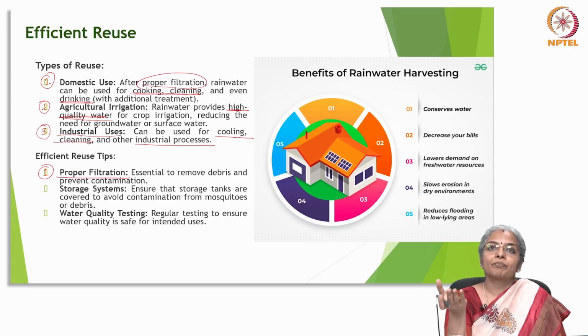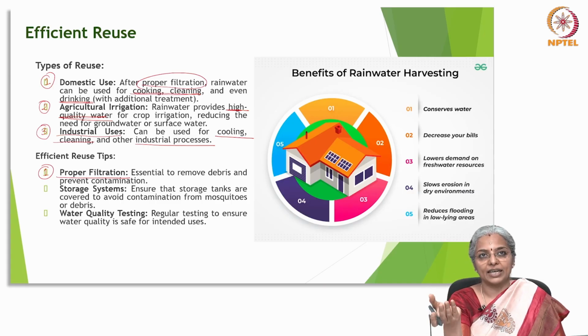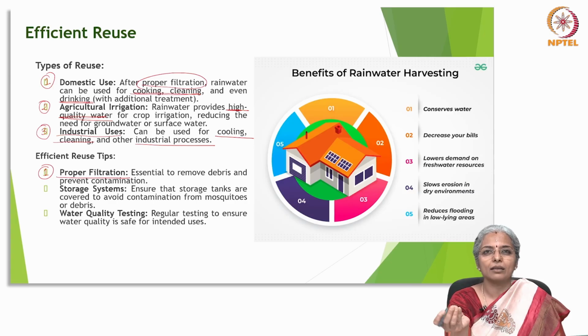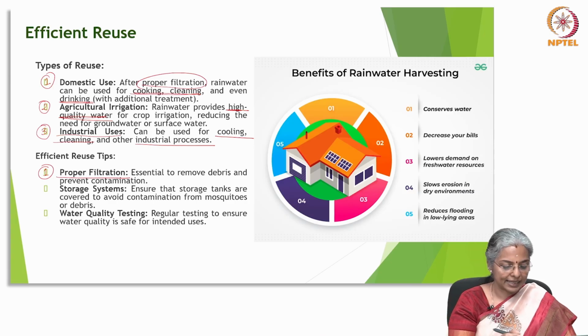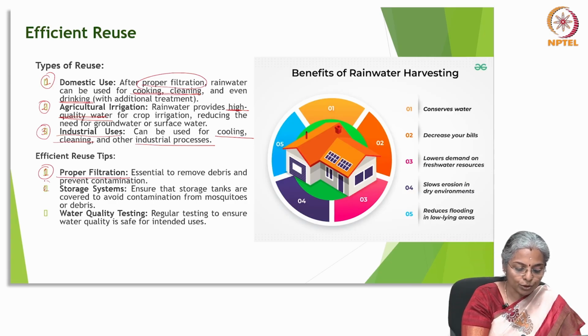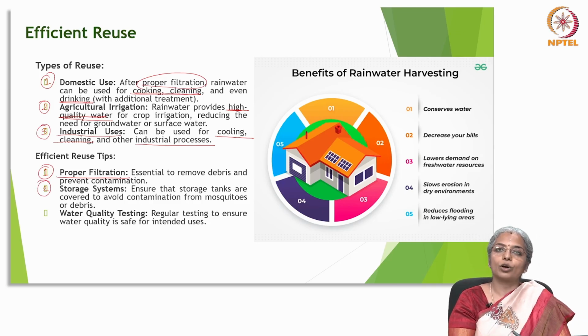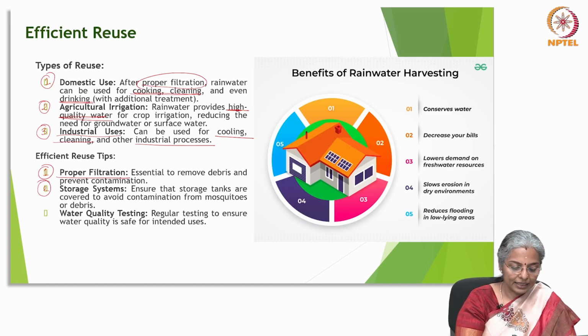And to this you have to apply filtration to ensure that you remove whatever debris or leaf or any other solid contamination it has. Second, you should store it properly, because that is a problem. When you store rainwater, it could attract insects, especially mosquitoes. So you should store it properly and in a clean manner.